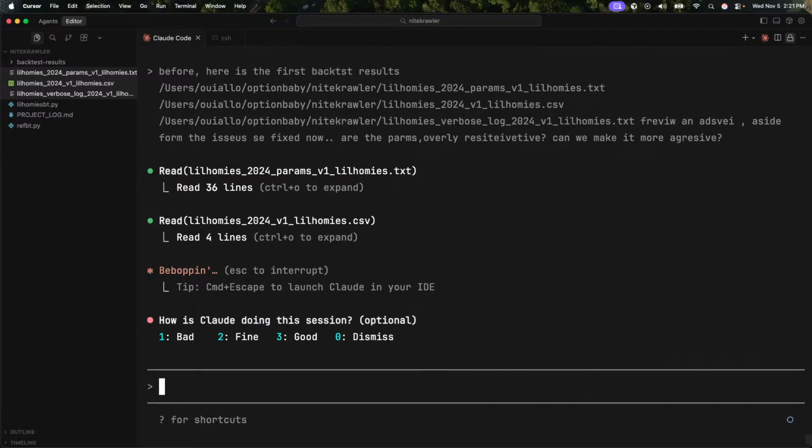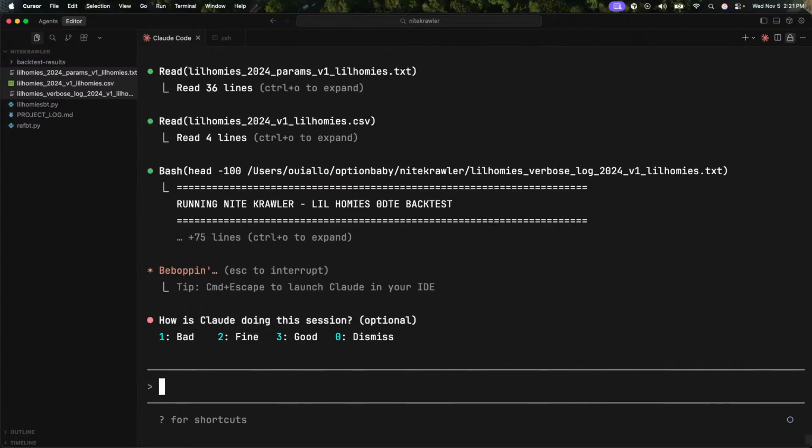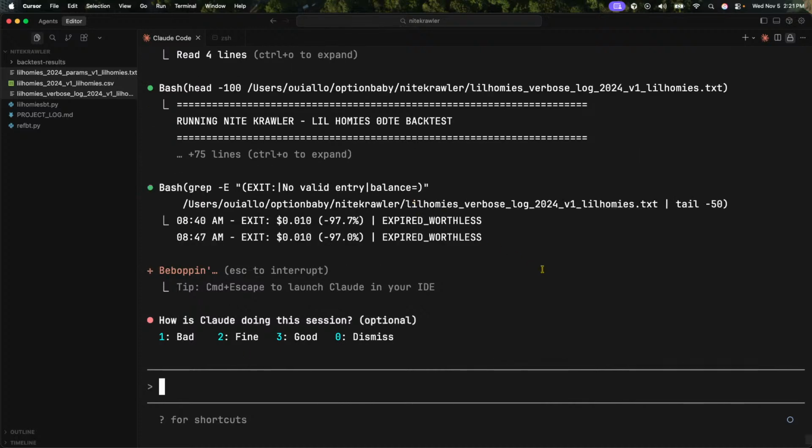Running Nite Krawler. Yep, I told you expired worthless.